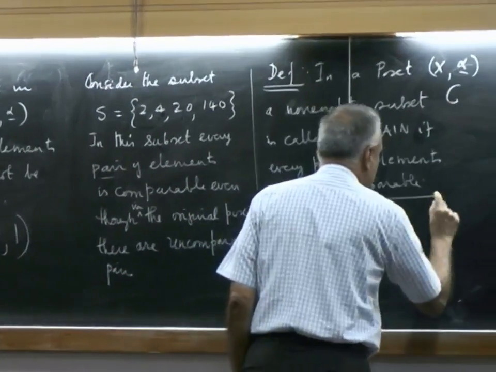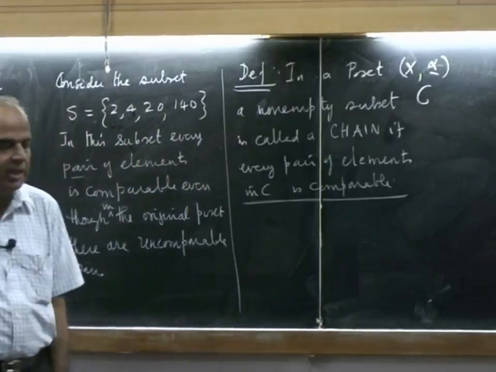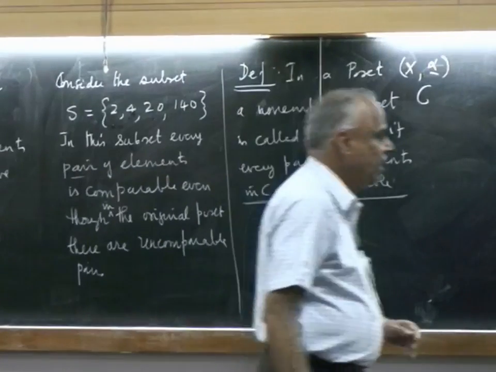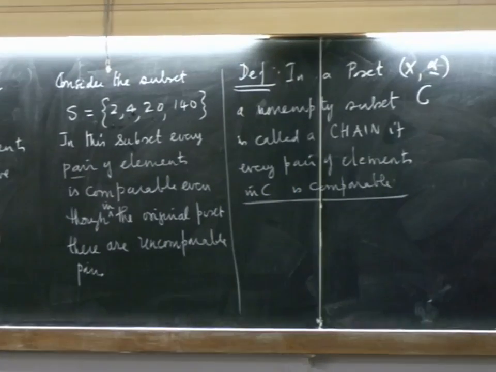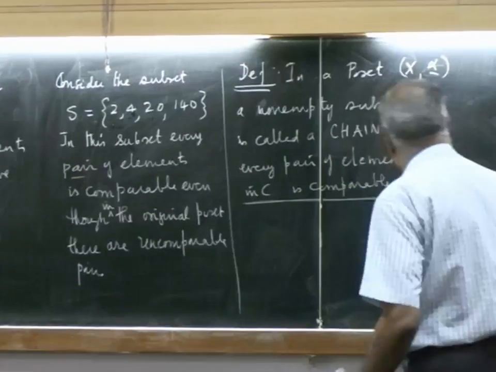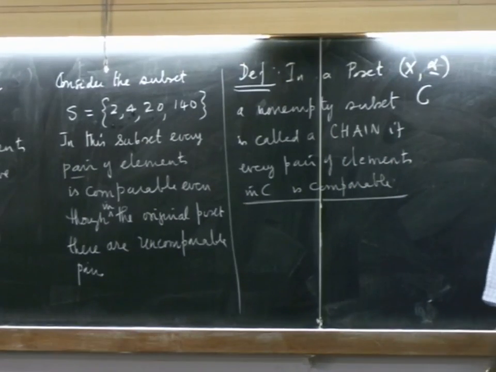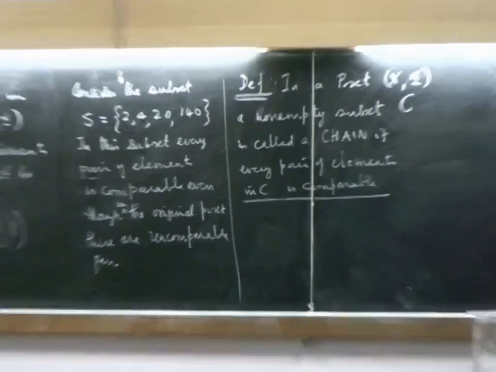Such subsets are called chains. We will look at some chains in this example also, as an example for Zorn's lemma. So, I am going to introduce one or two more notions before I state Zorn's lemma.